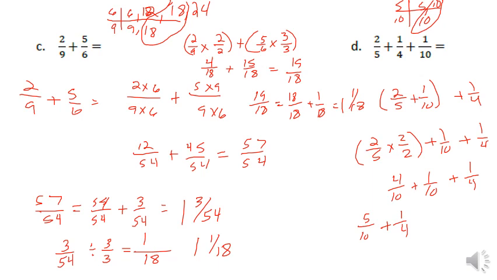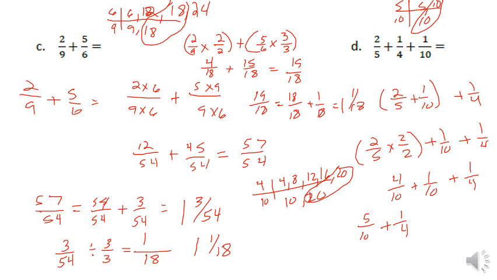Now I could multiply and get a multiple of 40, but let's see if we can come up with a different one over here. I've got 4 and 10, and I'm going to go 4, 8, 12, 16, 20. And I can see right there 10, 20. I have a common multiple of 20.